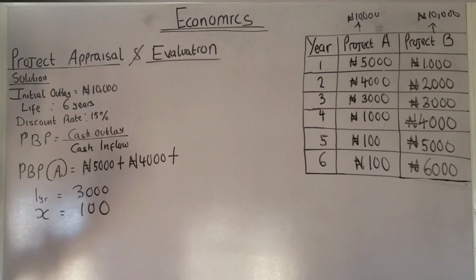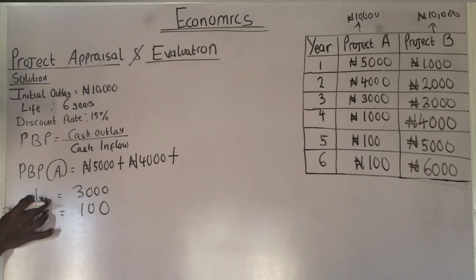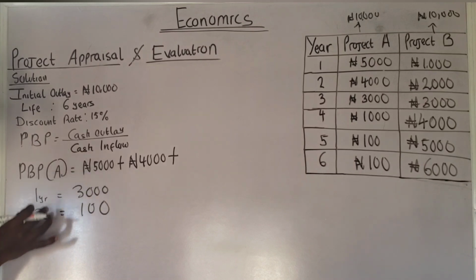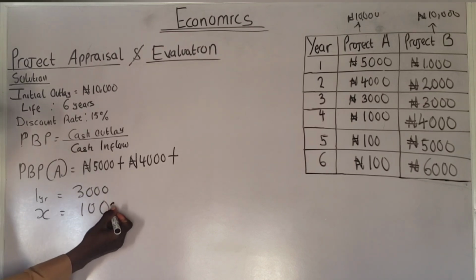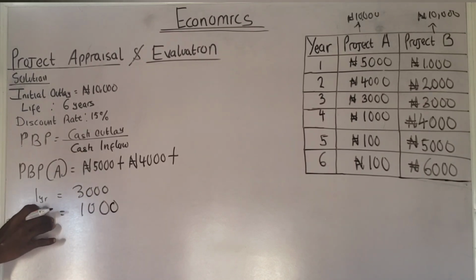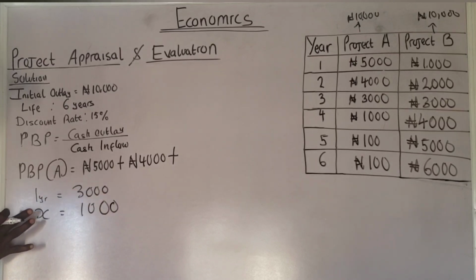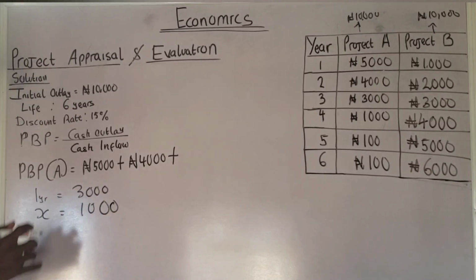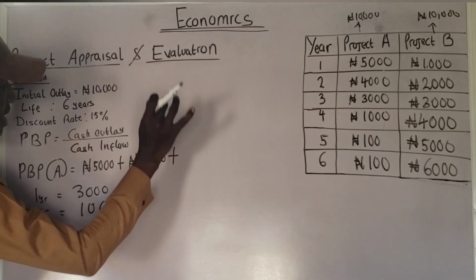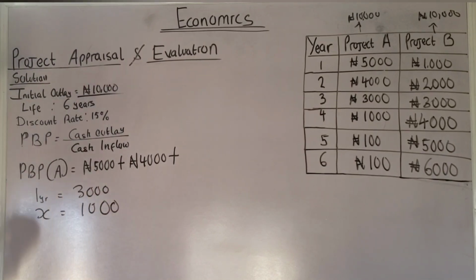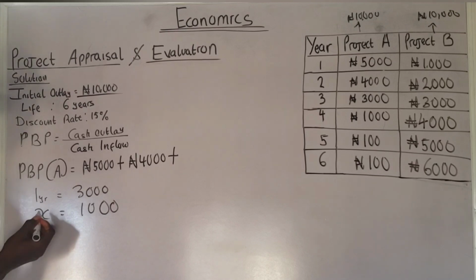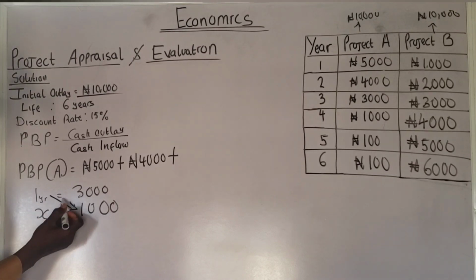So if it takes 1 year to get 3,000 naira, let us represent X as the year it will take to get 1,000 naira. It takes 1 year to get 3,000 naira, so it will take X year to get 1,000 naira, because I need 1,000 naira to be added to this income stream to make it exactly 10,000 naira. So now here I'm going to take the cross product.